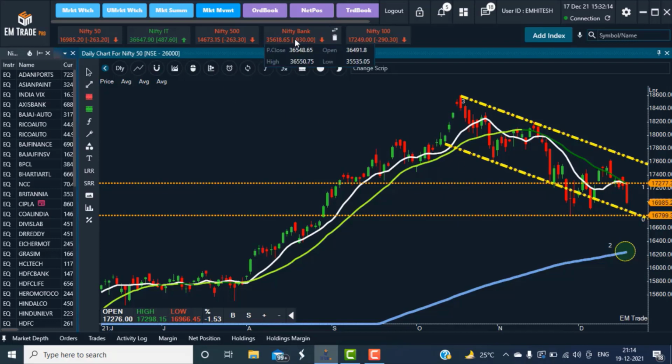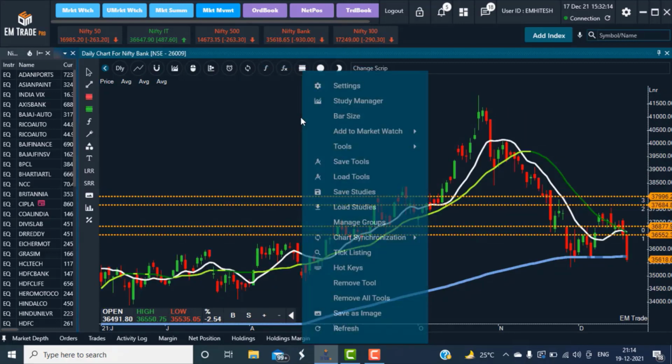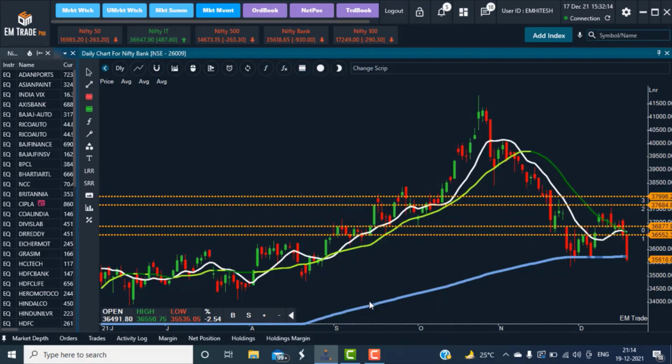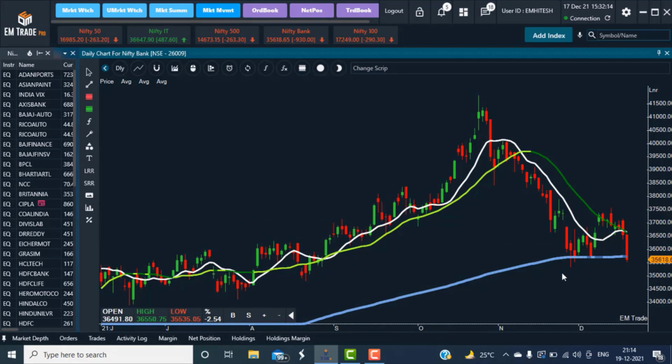Now, let's analyze Bank Nifty on the same parameters. Bank Nifty also, Friday's high is both the 10 and 20. So clearly, if you see on both your major indices, the Nifty and the Bank Nifty, Friday's high coincides with both the 10 and the 20-day moving average, which itself becomes the resistance.